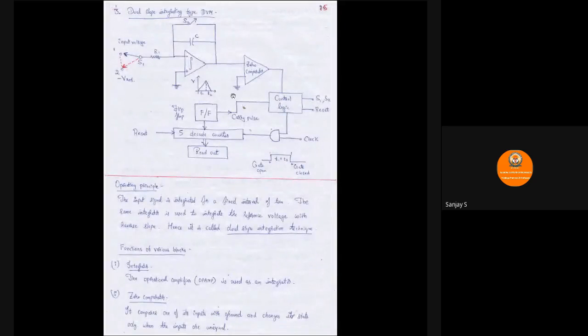Zero comparator, when both the inputs are 0, will not generate any signal. So one of them is non-zero value over here because the integrator has started to work. This gives the signal to the control logic, and then control logic drives the gate to open, and clock starts to generate the clock pulses, which will be counted by the counter.